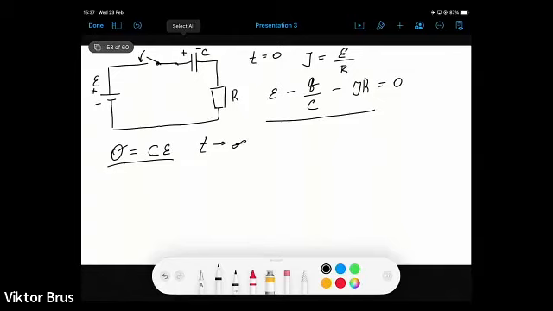So in order to understand how all these processes and parameters in the scope of charging the capacitor will be related with each other, we need to write a differential equation and solve it.